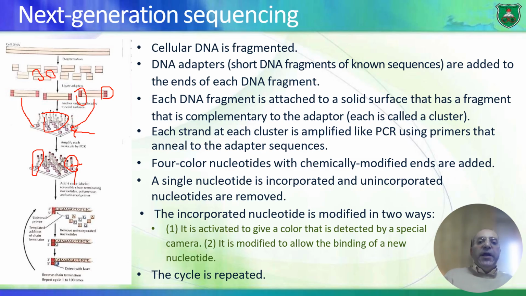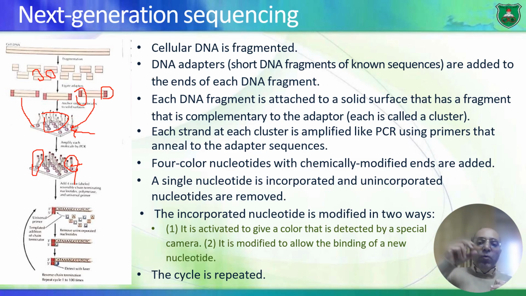And then DNA polymerase is added, and special nucleotides are added as well. And DNA synthesis starts, except that the nucleotides that are added are not dideoxynucleotides, and they are not normal deoxynucleotides either. These nucleotides have two characteristics.